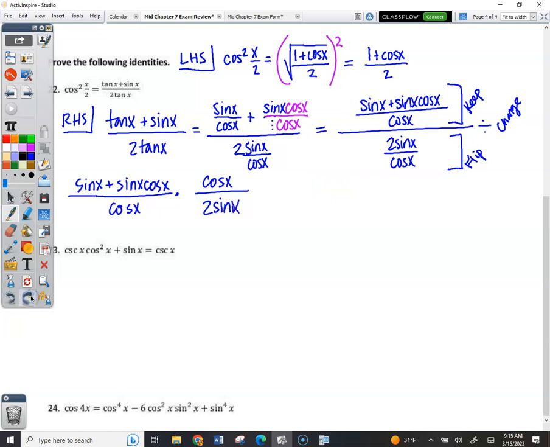Right here, I took this and I rewrote it as this. They have a common factor of sine. You're going to see where I pulled that common factor out to the front, which would leave, if you imagine dividing by sine, 1 plus cosine. And now you can see that sine is only taking it.